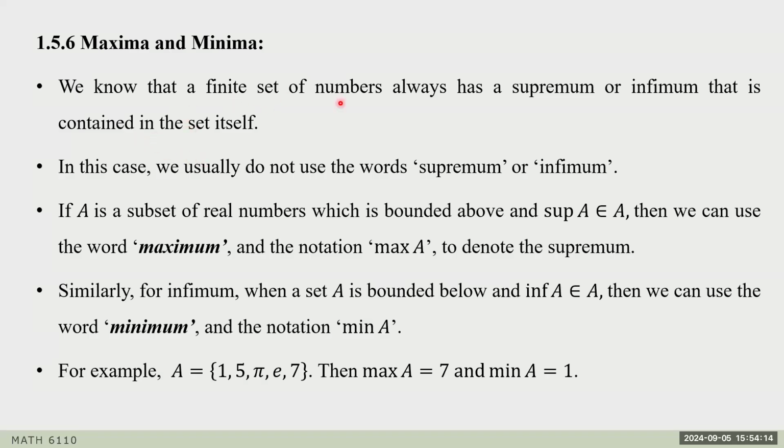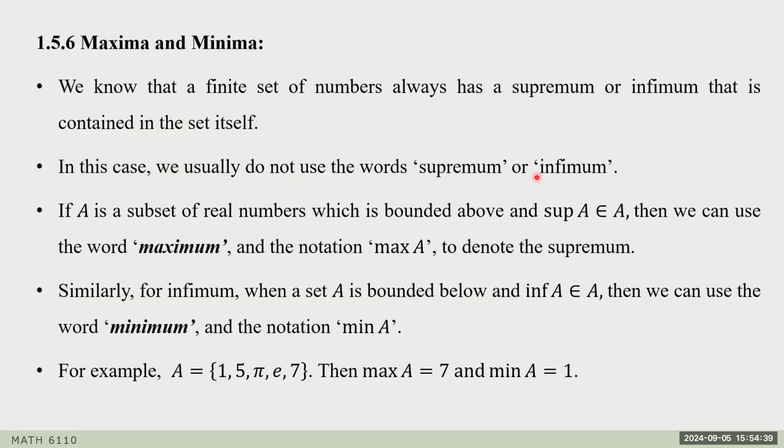Right, so if a finite set of numbers has a supremum and infimum, then those things must be in that set. When the supremum and the infimum belong to the set, we sometimes don't use these words anymore, supremum and infimum. We want to emphasize that these elements are in the set.